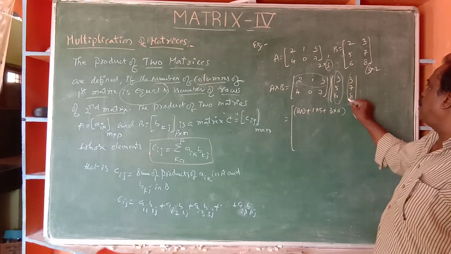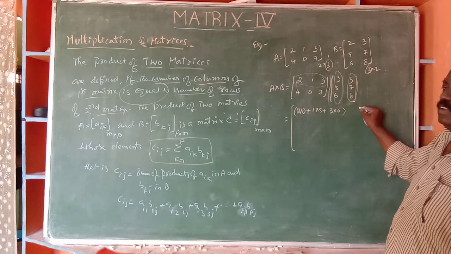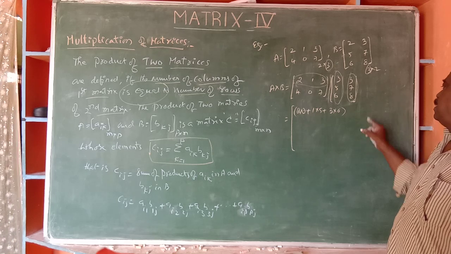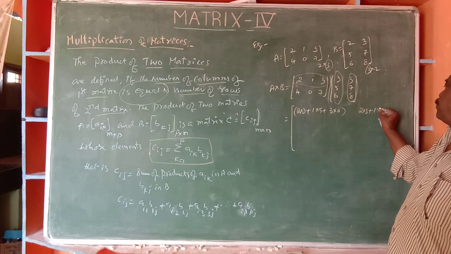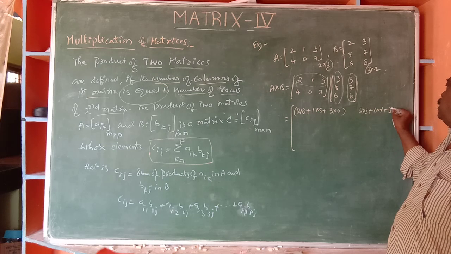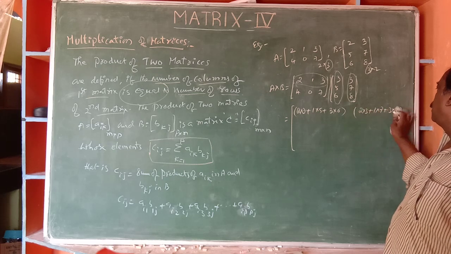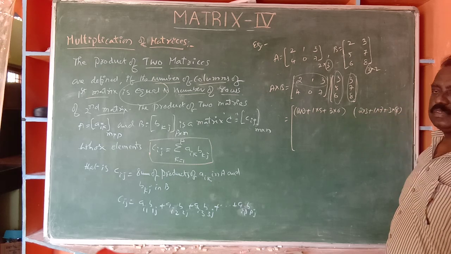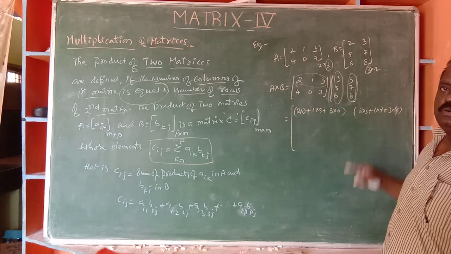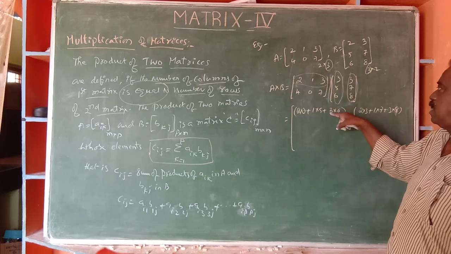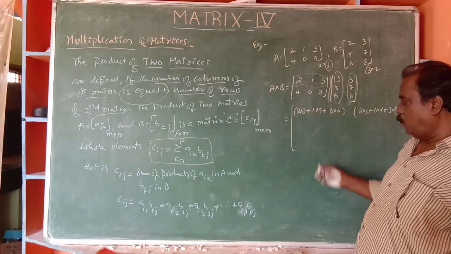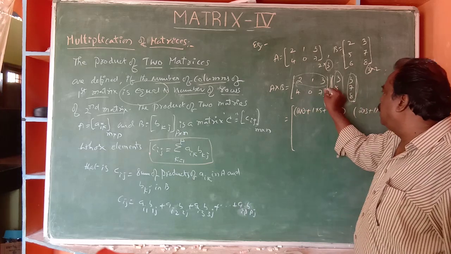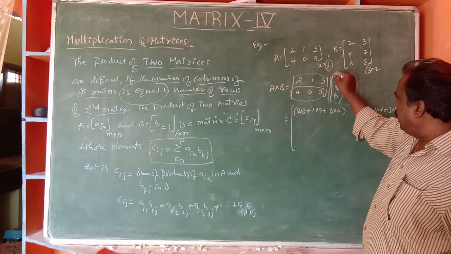Again, first row and second column: 2 into 3, 1 into 7, 3 into 8. Okay now? First row, first column is over, and first row, second column is over. Now we go to the second row and again the first column.